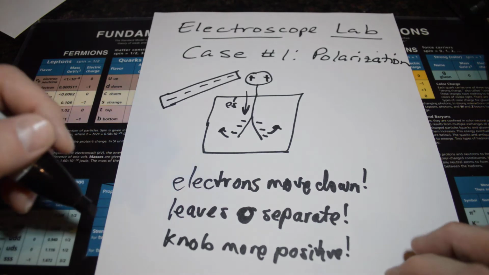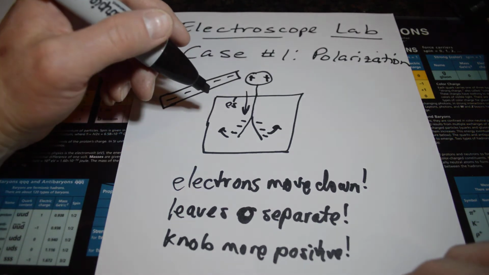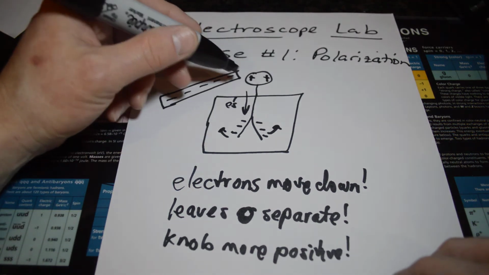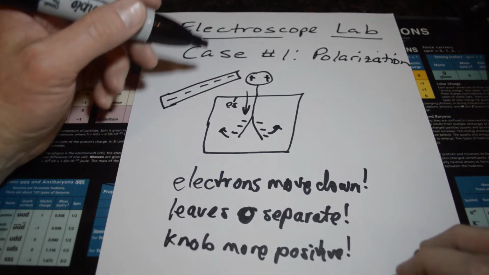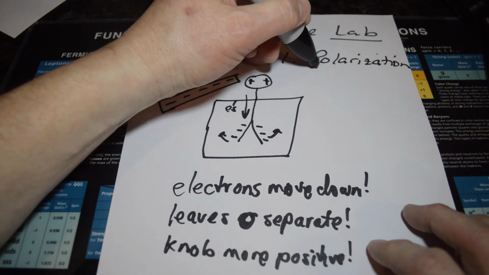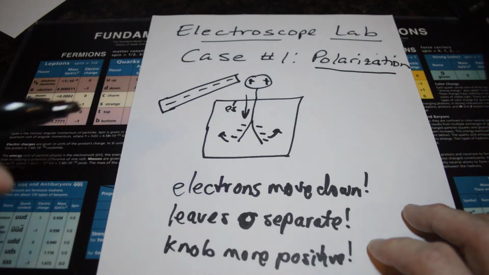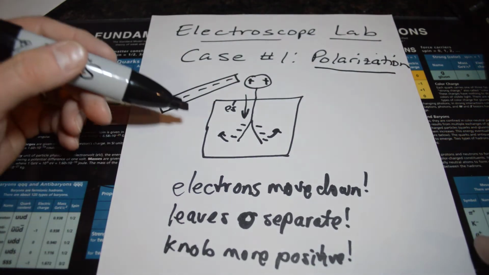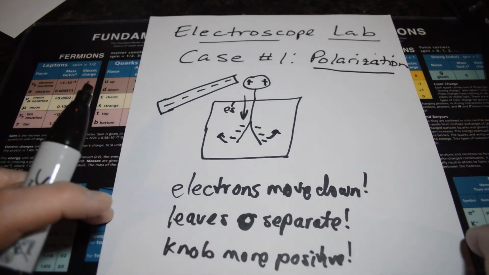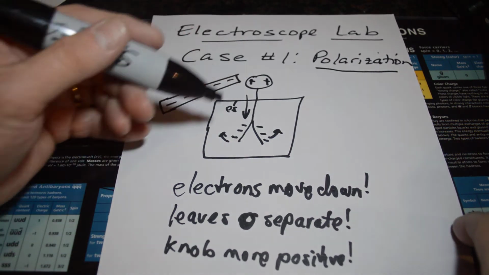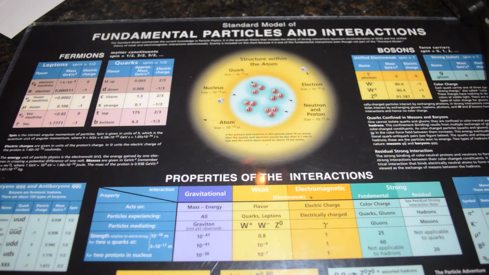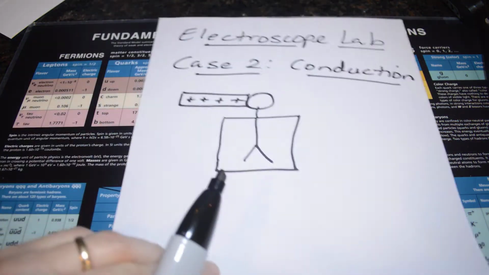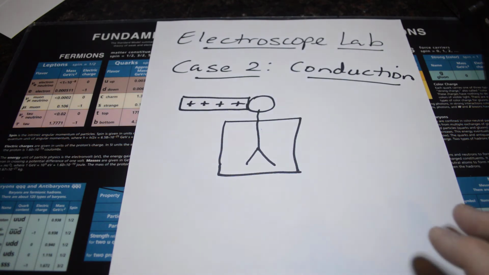So as a result, the electrons are going to go down, which is going to leave the knob more positive. That's what we mean when we say polarization. There's a charge separation in the material because the electrons move down, thereby leaving more positive on the top, more negative on the bottom.